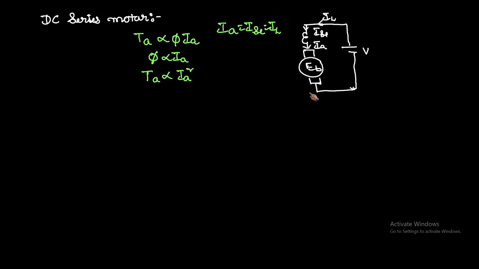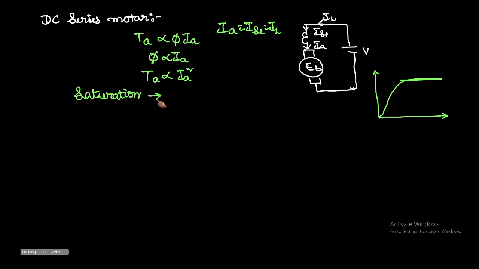Once saturation is reached, that means the flux becomes constant, at the saturation condition the armature torque is proportional to armature current only in case of DC series motors.